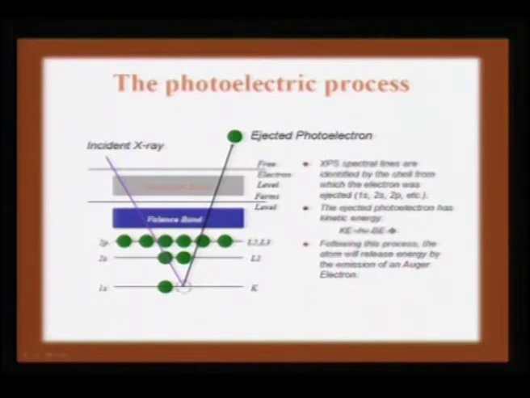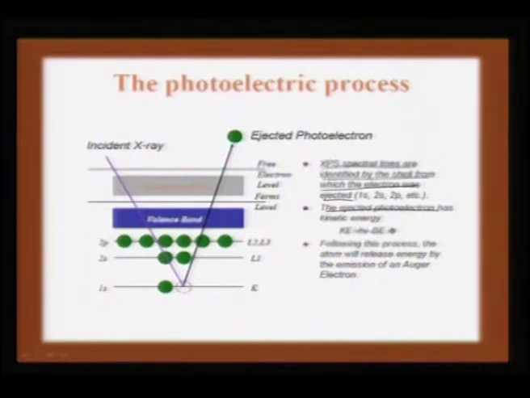Once the hole is created here, the neighboring shells, that is L1, L2 or L3, will quickly move one of the electrons to the lower K shell, and thereby secondary processes emerge. So, XPS spectral lines are identified by the shell from which the electron was ejected. It could be from the K shell or L or M and so on.